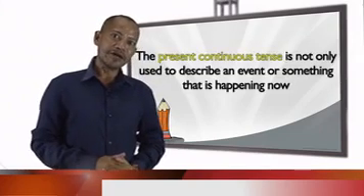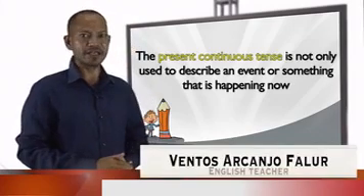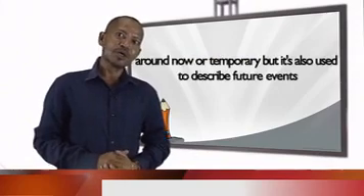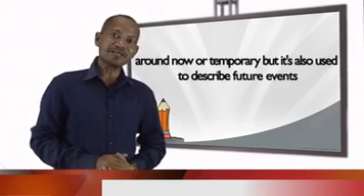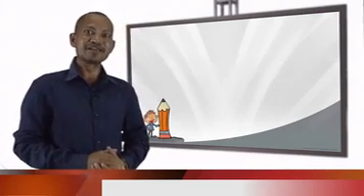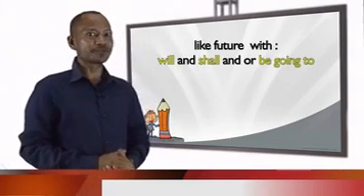You often might think that the present continuous tense is only used to describe an event or something that is happening now, around now, or temporary. Not the past, or maybe not a specific tense used to describe future events like future with will and shall, and or be going to.